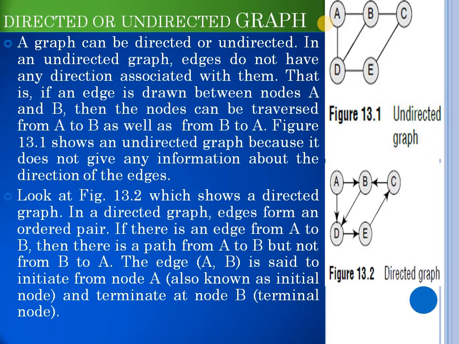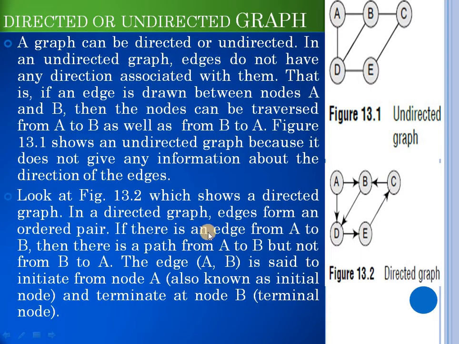But in a directed graph, we have a specific direction mentioned, so we have to consider A to B only. Here B to A traversing is not possible. This is the difference. Now, look at figure 13.2, which shows the directed graph. In a directed graph, an edge forms an ordered pair.